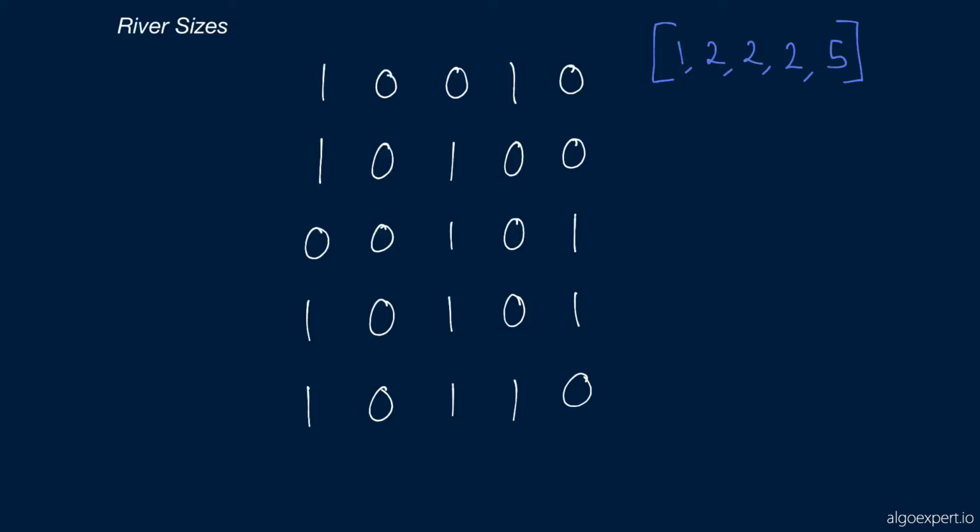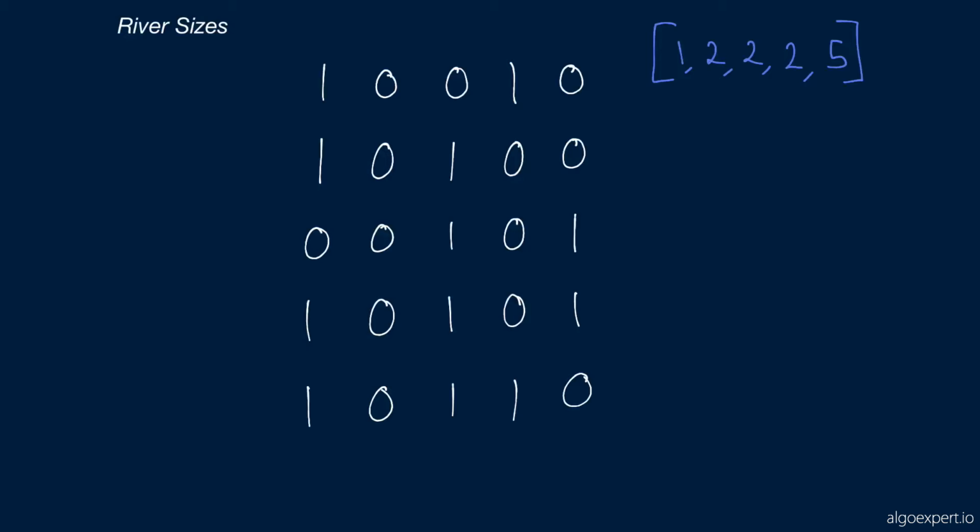If you treat this matrix as a graph, you can treat every element in this matrix as a node in the graph, where each node has a value, either 0 or 1, and each node has neighboring nodes. The node right above it, right below it, to the right of it, and to the left of it.